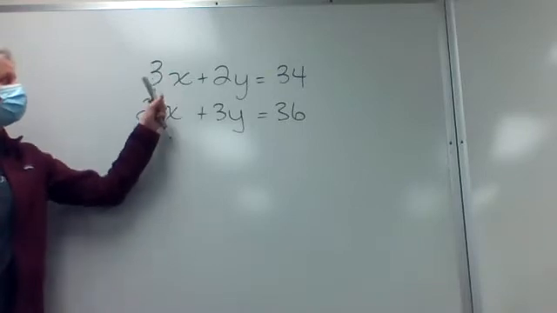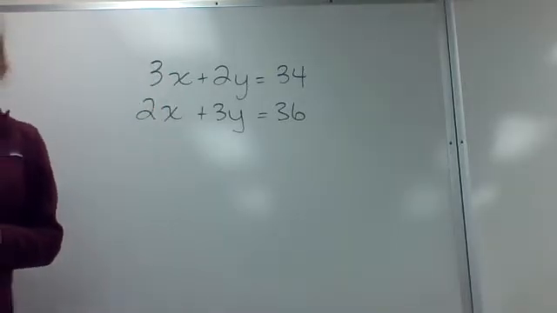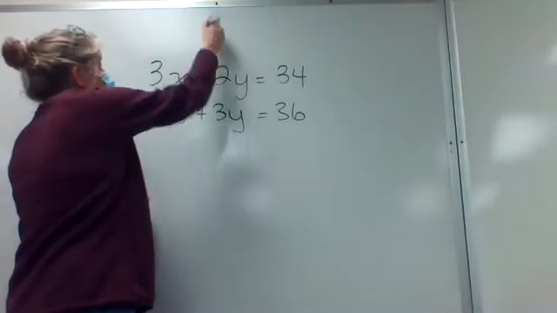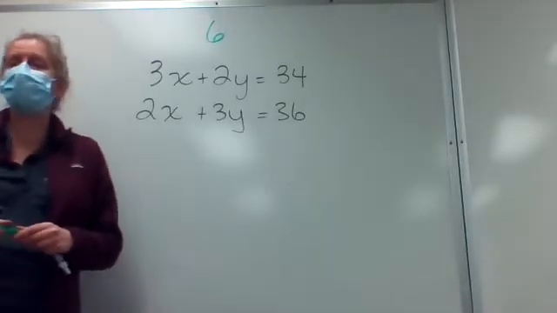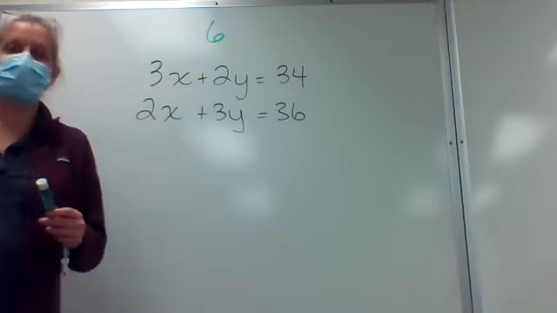So you say to yourself, what is the first number that 3 and 2 will both go into evenly, which would be 6, which means you want them to be opposite 6s. It doesn't matter who's positive 6 or negative 6. You just have to have one of each so that when you add them, they'll cancel.